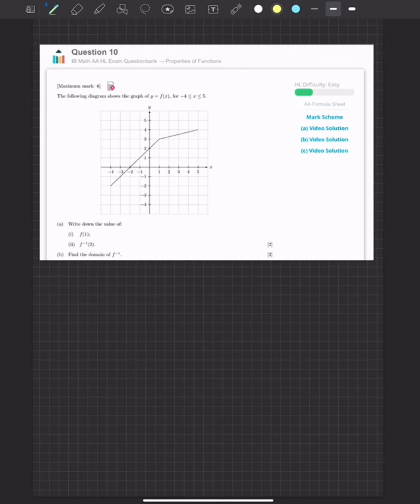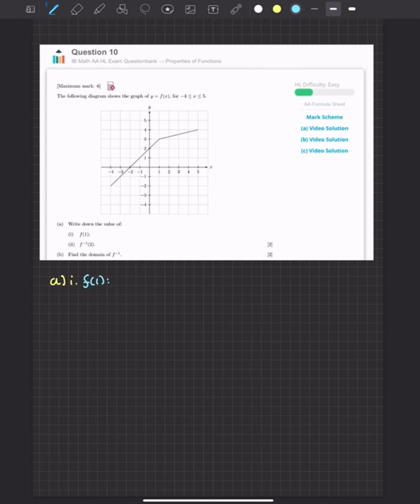And now we'll finish off this video with a nice little question from IB Revision Village. So, the following diagram shows the graph of y equals f of x for the domain -4 to 5. First question is to find the value of f of 1. So, question A, part 1, f of 1.